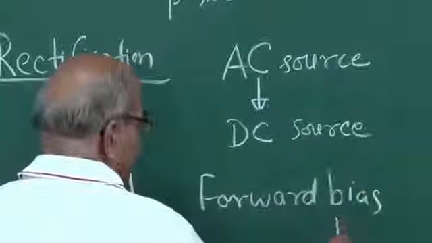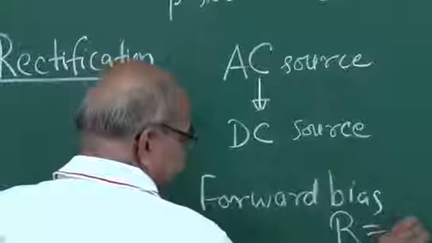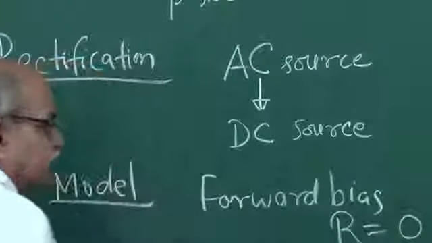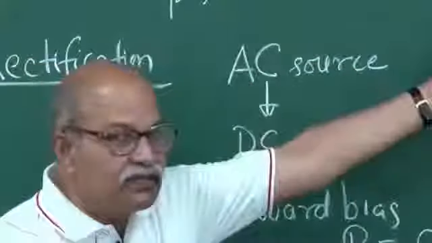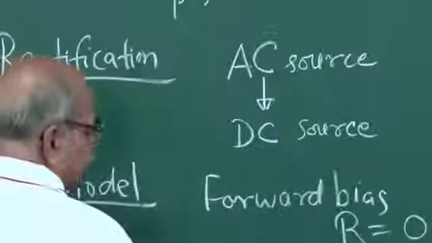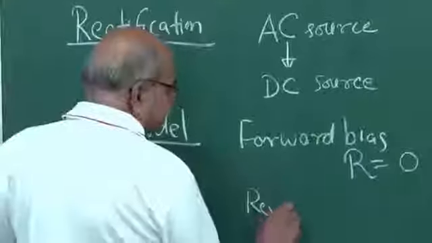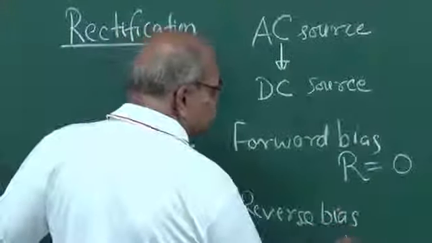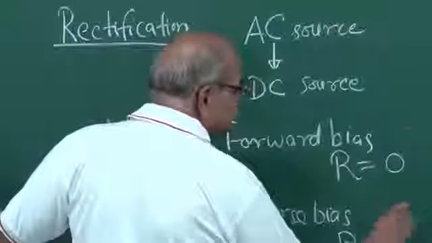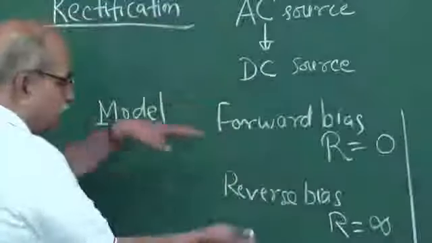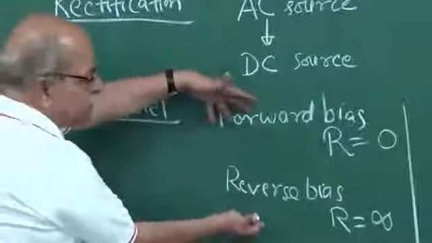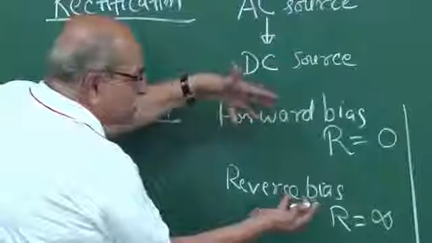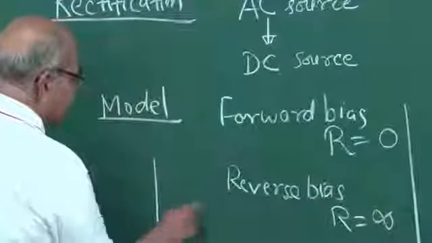And I'll approximate this as follows: in forward bias, we will assume that the resistance offered by the diode is negligible, whereas in reverse bias, the resistance offered is very, very high. Okay. So if I draw the IV characteristics corresponding to this situation, it will be something like this.